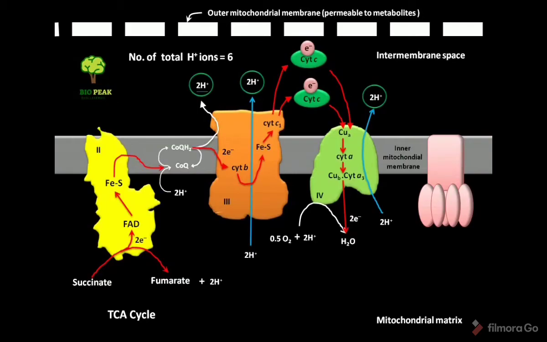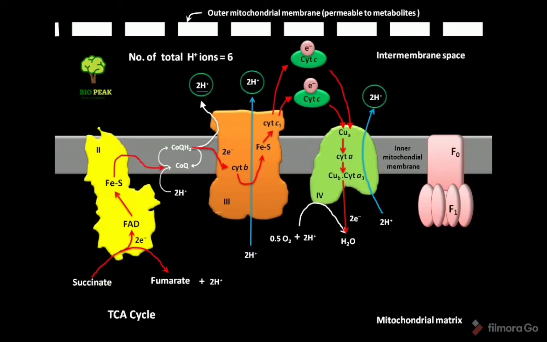The mitochondrial membrane is impermeable to protons. These protons cannot diffuse back into the matrix across the membrane, but they can enter via the membrane-bound ATP synthase or F0-F1 complex. It is a multi-enzyme complex containing 2 parts, F0 and F1.